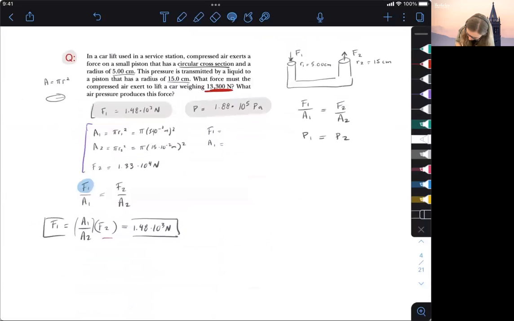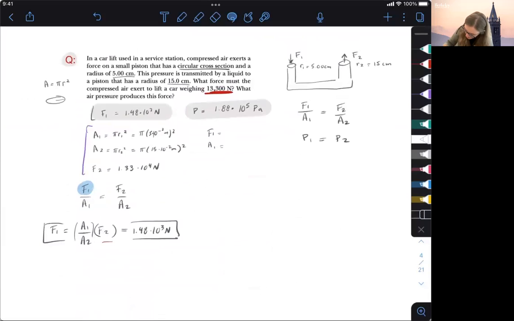Okay, so what about the second part? Well, now that we have F1, all we need to do is plug that into the second part over there. So 1.48 times 10 to the 3rd for F1. And then we know our area for A1, we found that one before. That was pi times 5 times 10 to the negative 2, because it was centimeters, negative 2 meters squared.